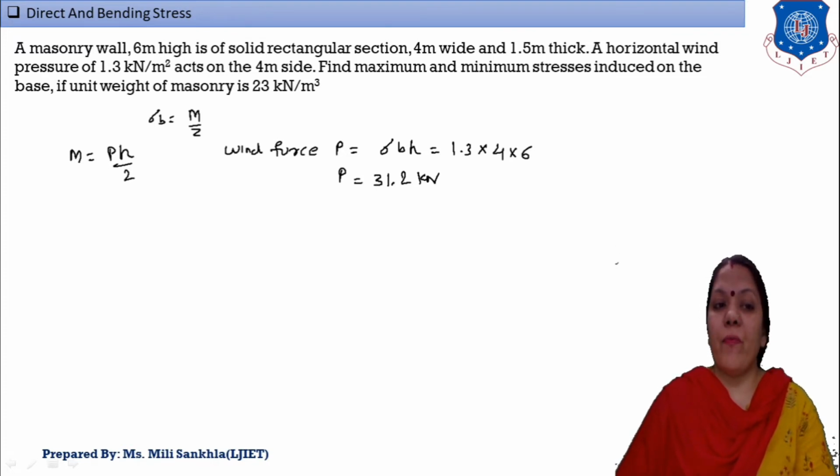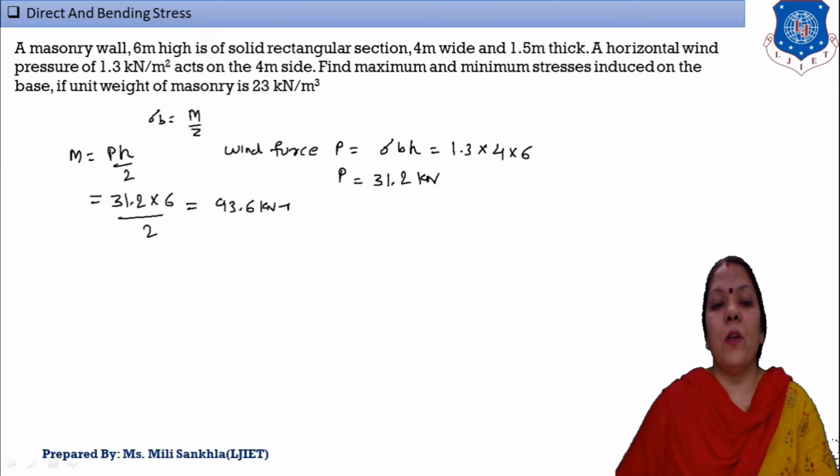Now M is equal to PH by 2, that is 31.2 into 6 by 2. My answer of M is equal to 93.6 kilonewton meter.